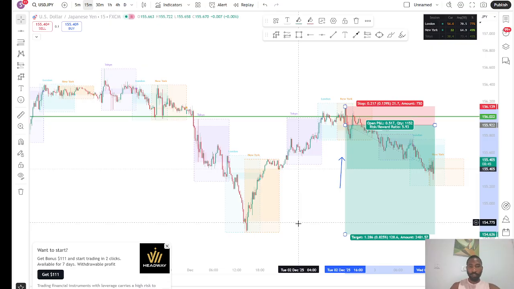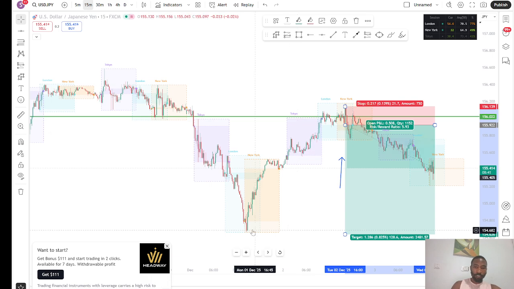My TP is limitless. Depending on the market, if I start seeing rejection from here, of course I will close. If I don't see any rejection and I see a strong bullish candle around this area, I'm going to continue holding the trade. But this is how you enter your entry.